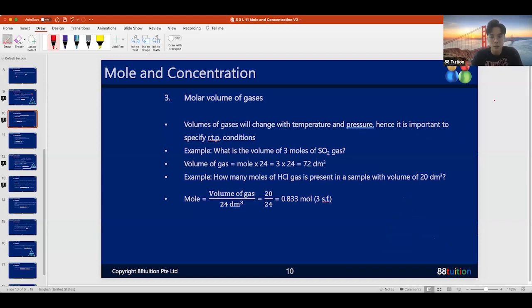When you increase temperature, usually the volume will increase as well. And when you increase pressure, the volume will decrease. So that is the relationship. That is why it is important to specify room temperature conditions, because it's only at room temperature conditions that it is 24 dm cubed for 1 mole.